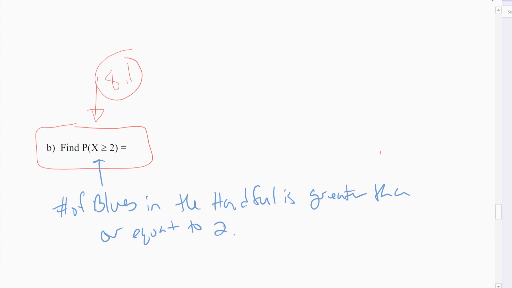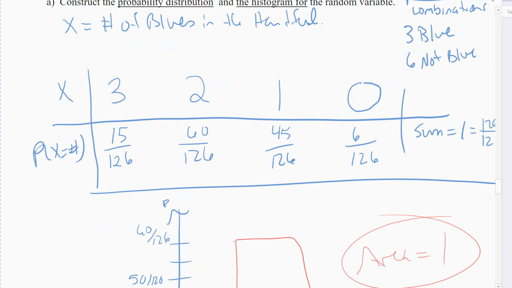Which would be, there's 2 outcomes, right? I get 2 blues or 3 blues, right? So this would be the outcomes where I get the probability x equals 2, or probability x equals 3, right? The or. And so it's just these 2 outcomes.